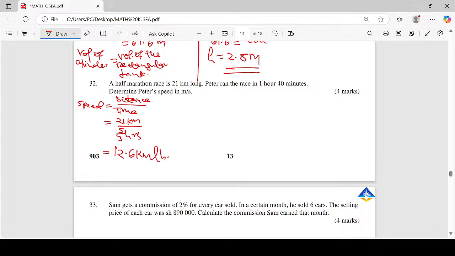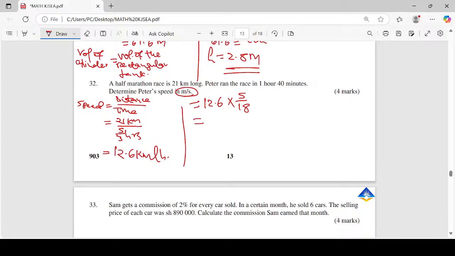12.6 kilometers per hour. Now, this is speed, yes, but have we answered the question? No. They want the speed in meters per second. To get the speed in meters per second, simply take the speed in kilometers per hour, that is 12.6, then multiply it by 5 over 18. As simple as that.